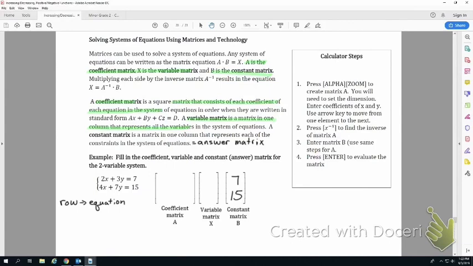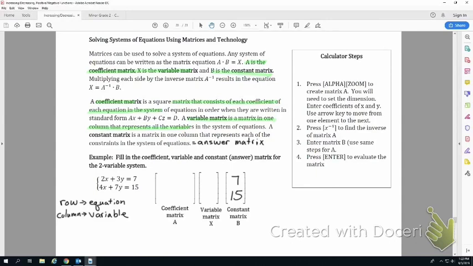If you've got 2 equations, you're going to have 2 rows. To figure out the number of columns, that is going to be the number of variables. We have 2 variables, x and y. So that tells me this is going to be a 2 by 2. 2 equations, 2 variables.